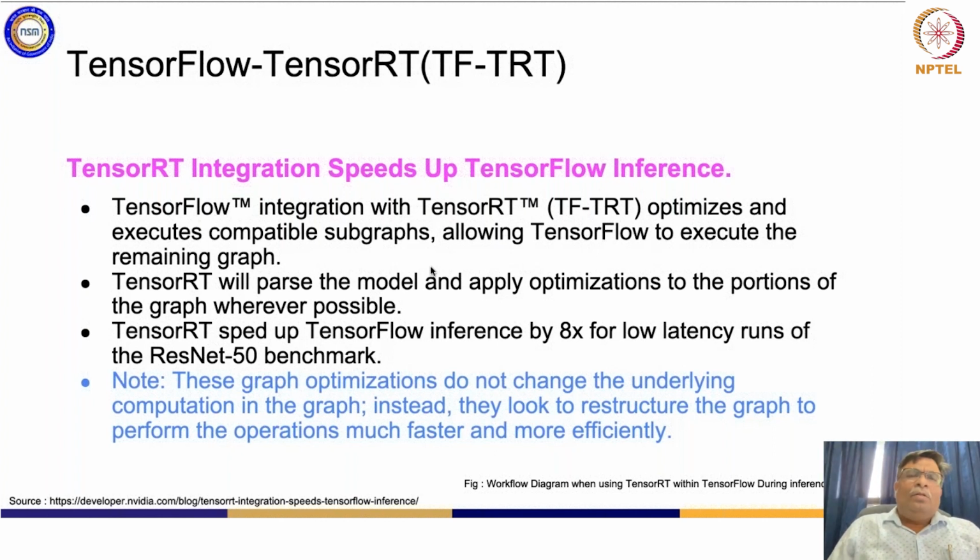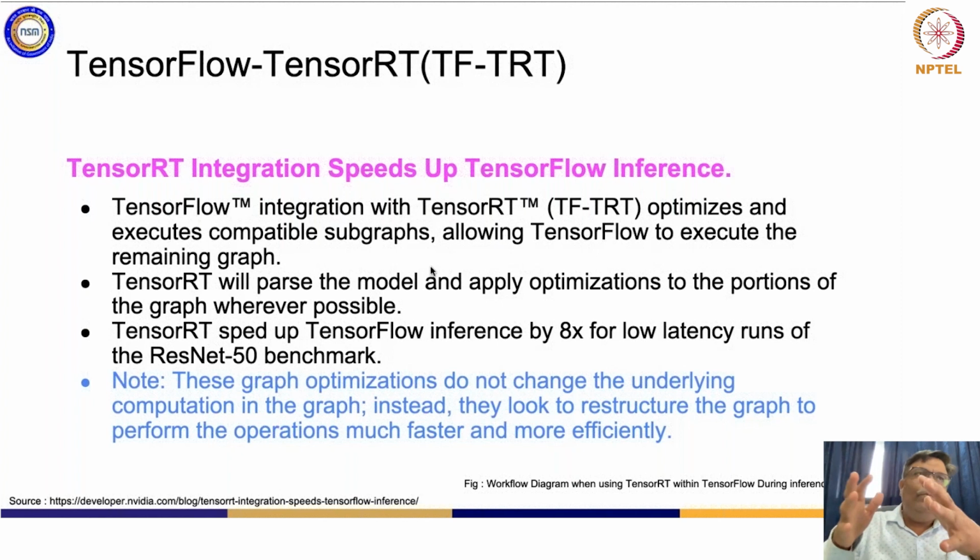When you do this, you are trying to work with subgraphs, and trying to understand how a TensorFlow graph can be converted into an optimized TensorRT graph. The effective idea here is that TensorRT is going to generate a model and then it applies optimizations to the portions of the graph wherever possible.